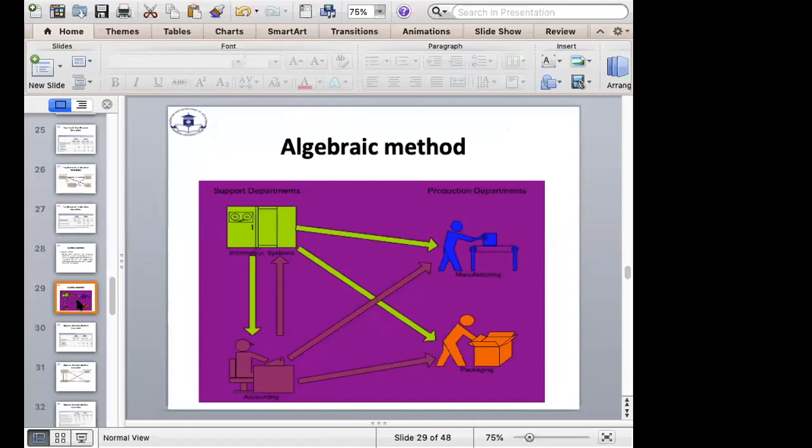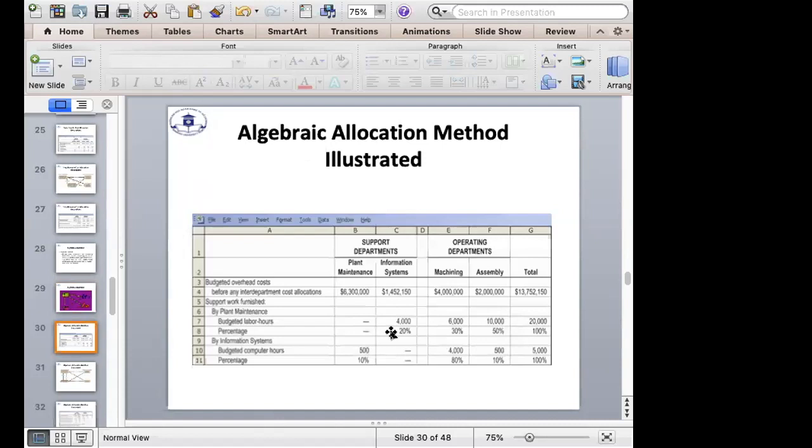So we look at the situation. The situation for the algebraic method is that one department provides services to another department, and that department also takes services. So all kinds of service departments are providing services to the other service departments, each other's, all right? So the question is the same.